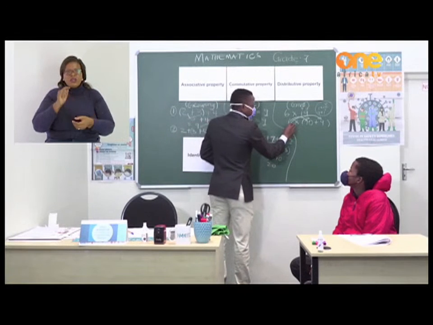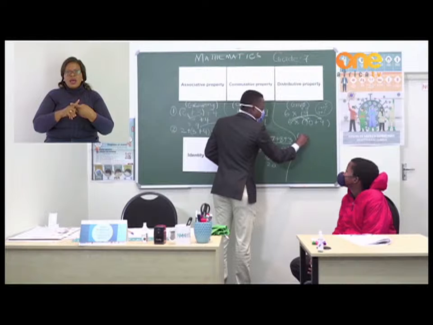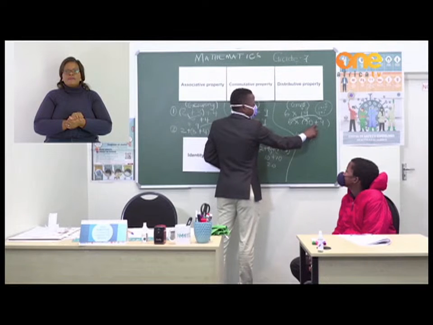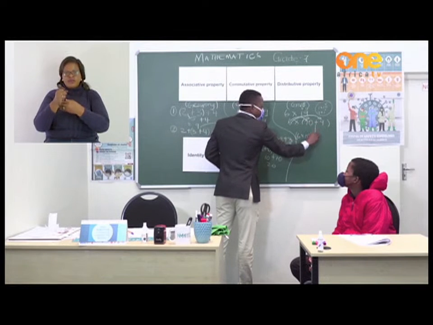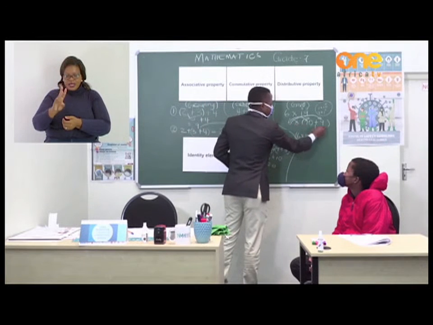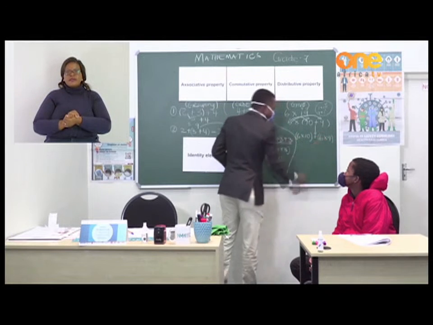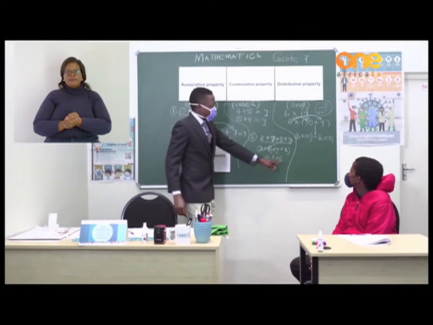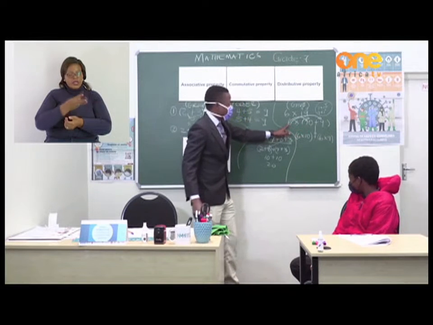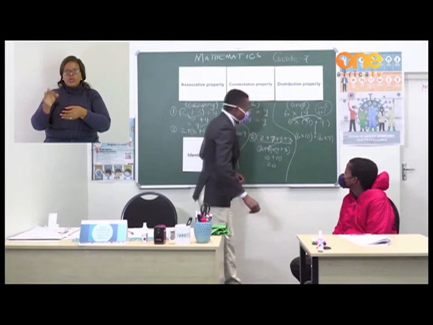So you have 6 times 10. There is addition here, which has to come down, plus 6 times 9. 6 given to 10, 6 given to 9. 6 times 10, 6 times 9.